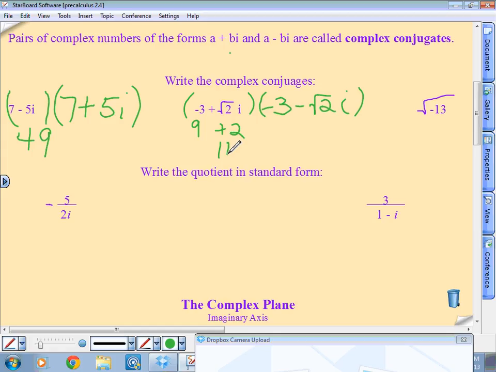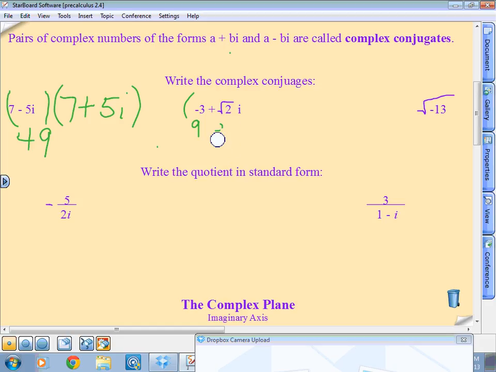So what did you get? Is that what you got, Kelly? Yeah. Okay, good. What's the conjugate of the square root of negative 13? Minus the square root of negative 13.